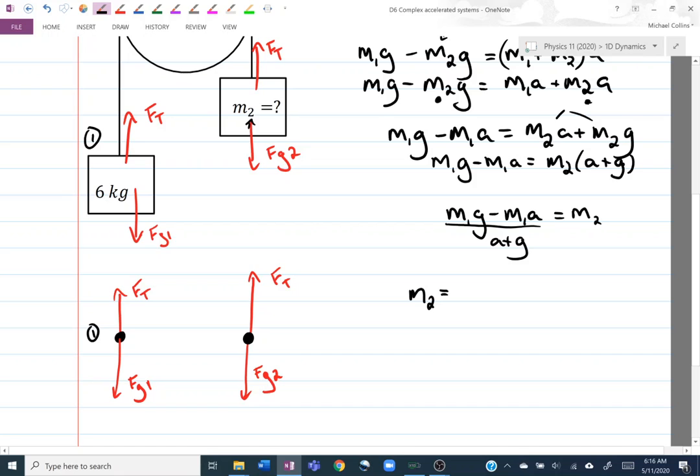I can factor my M1 out if I want. It just saves some trouble plugging stuff into the calculator.